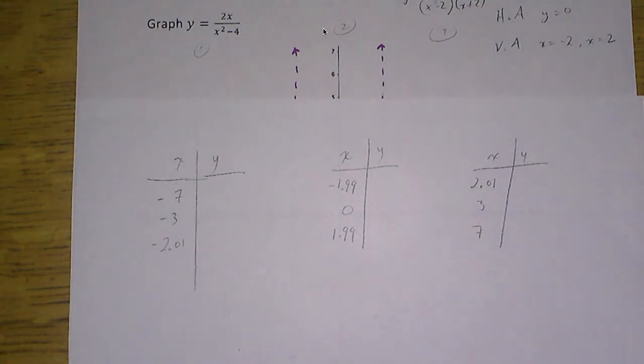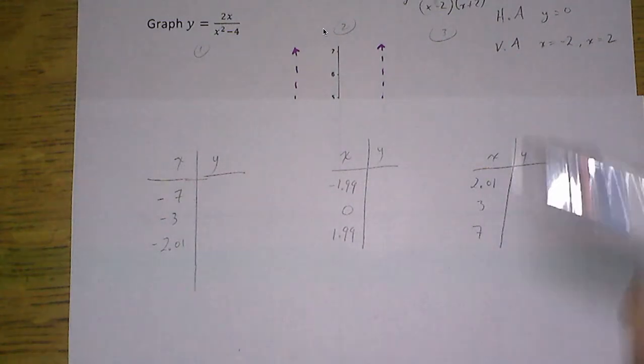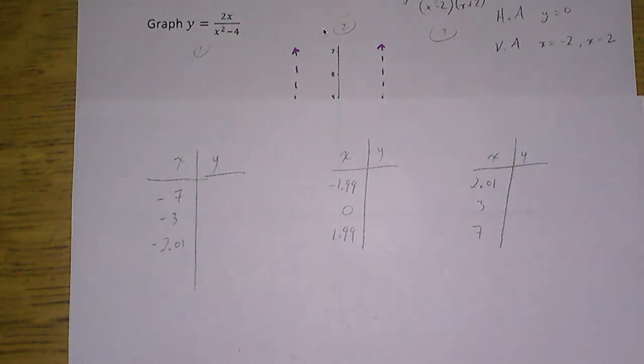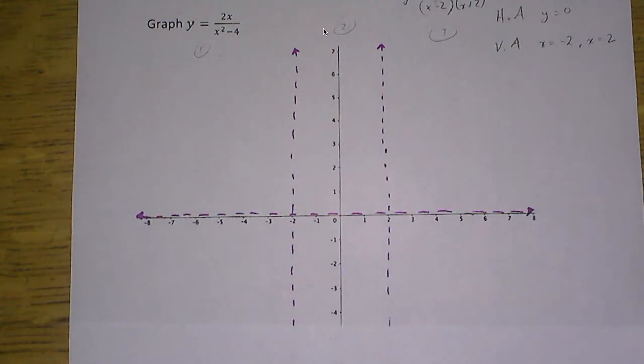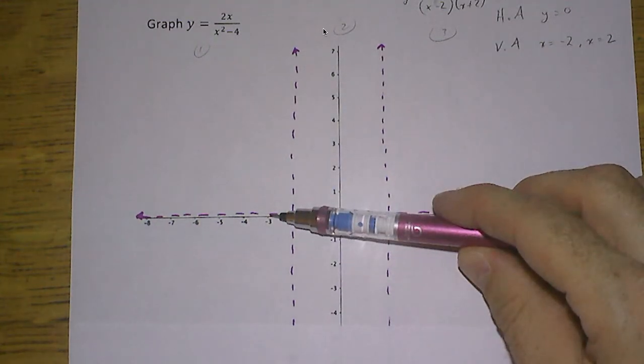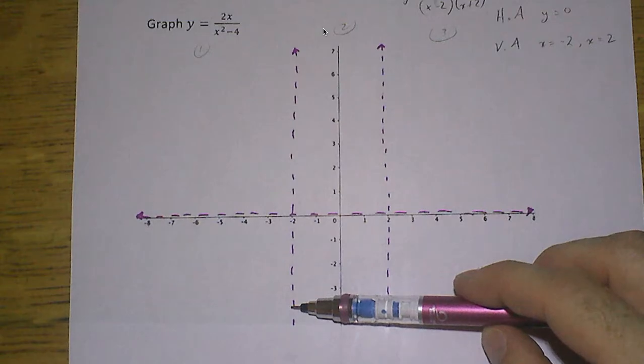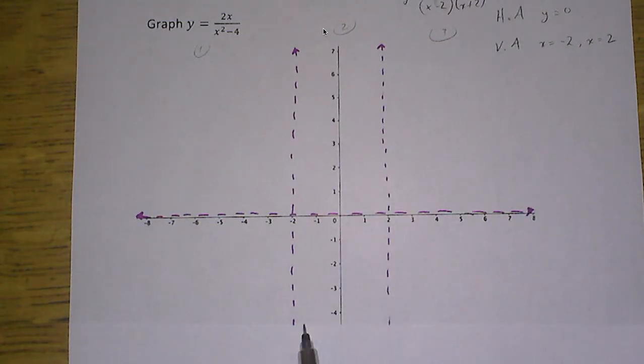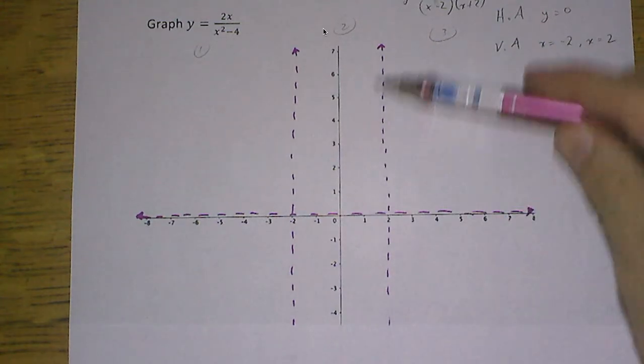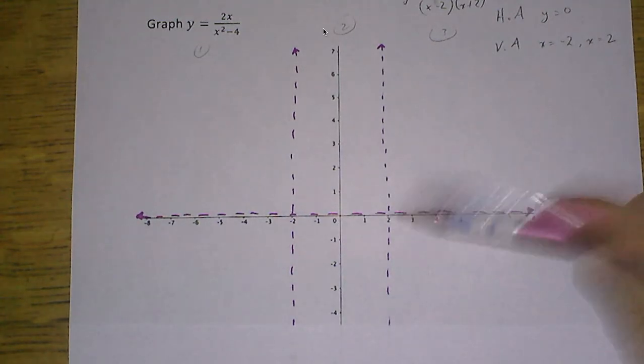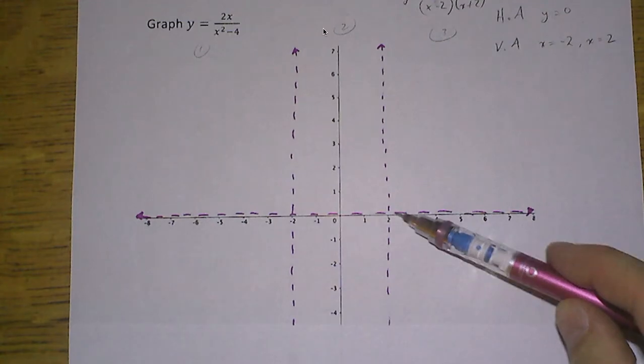If you want, press pause, and these are the x values that I've selected. Very simply, for the first domain it is negative 7, negative 3, negative 2.01, then for the middle domain negative 1.99, 0, 1.99, and then 2.01, and 3 and 7.